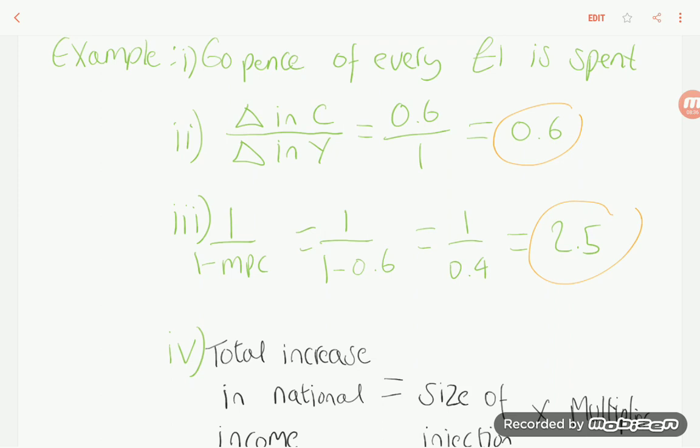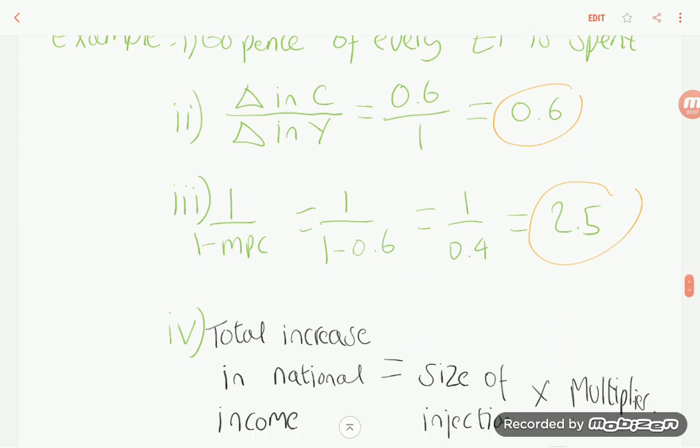So, the first thing to note is the formula. Okay, so we've plugged it into our multiplier formula, and you can see that we get to the figure 2.5. So, that is the size of our multiplier. 0.6 shows our marginal propensity to consume, but with a little bit of maths we can work out the multiplier, which is 2.5.